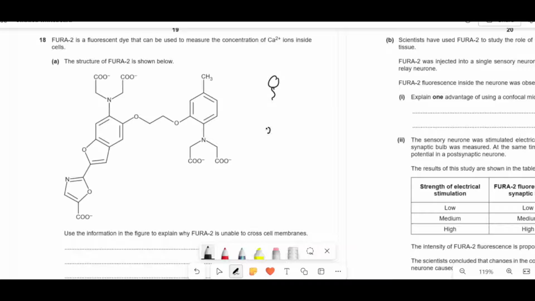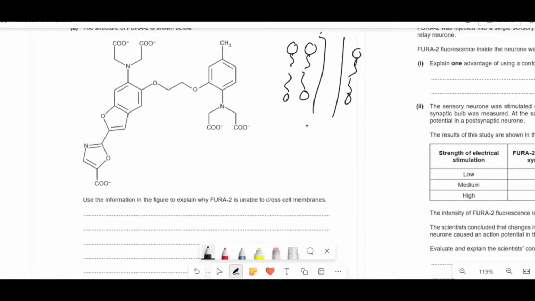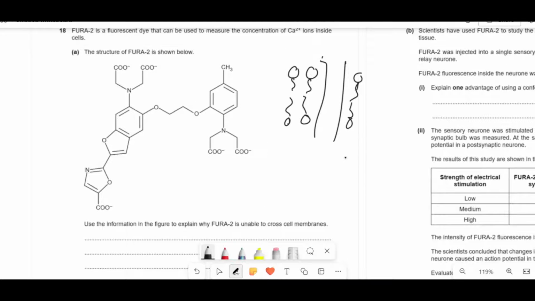Cell membranes, remember, are your phospholipid bilayer with lots of proteins embedded within them, right? In the middle part, you have a hydrophobic bilayer, which means that polar things can't move through. Now it says use the information in the figure to explain why. So we need to look at this figure to see what's stopping it from coming through. As you can see, by default, it's polar straight off the bat.